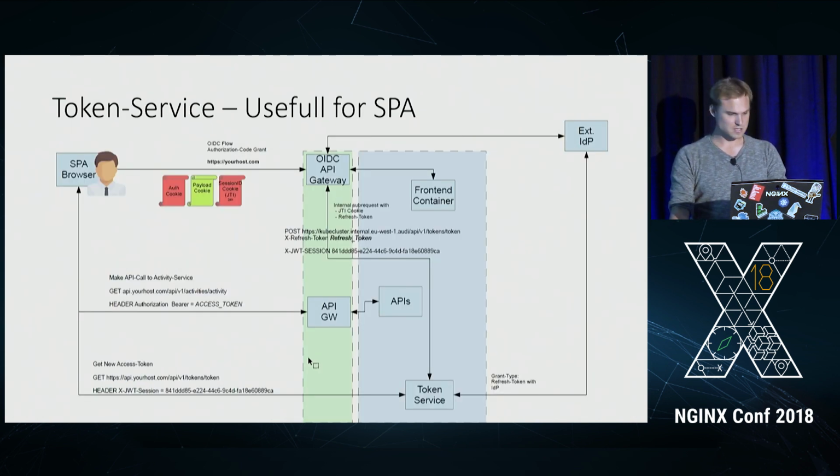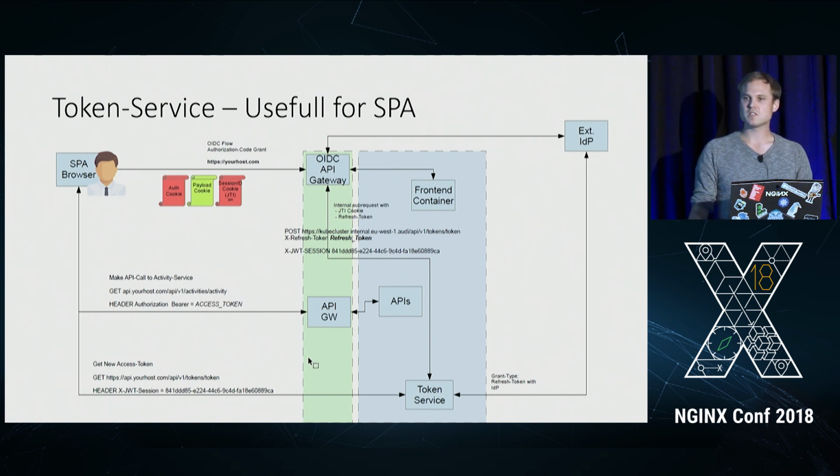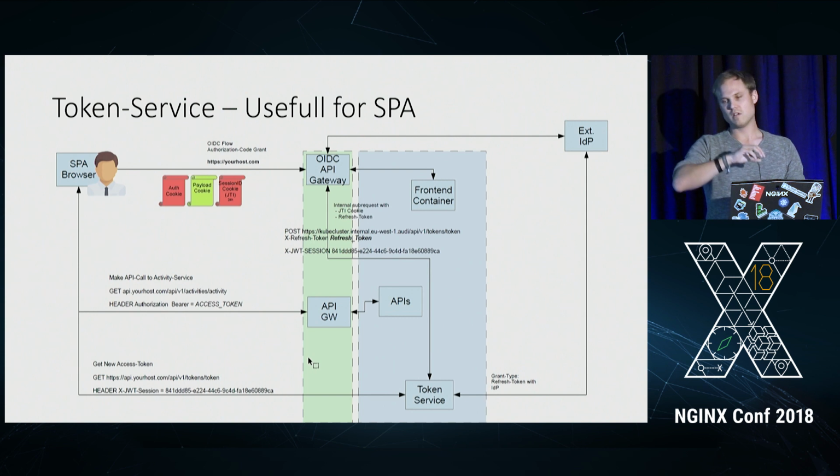Yes, in the last 7 minutes, the token service. This is something important because we have a single page application based on React.js, and we have the access tokens from our IDP in a cookie, so we can send them anytime with a request. But the problem is that the lifetime of an access token is just 5 minutes.